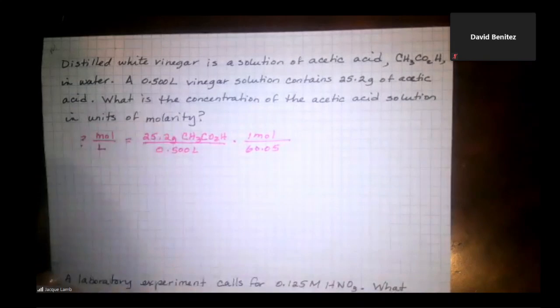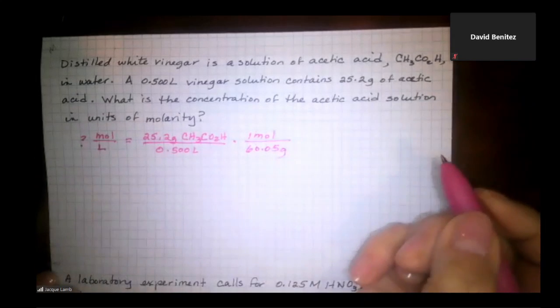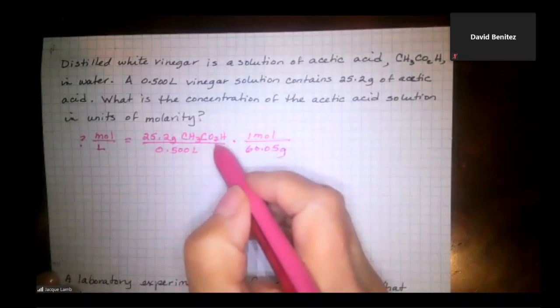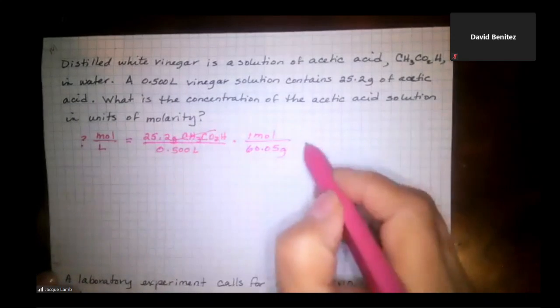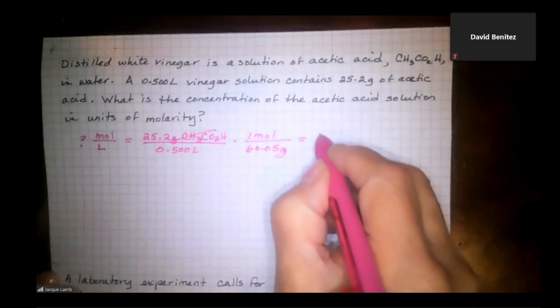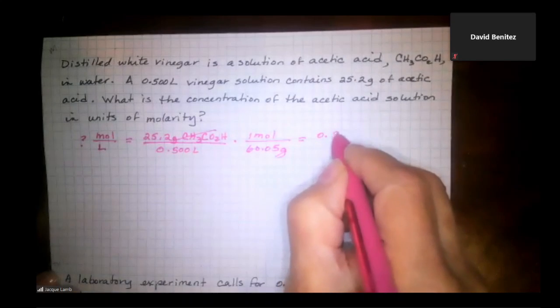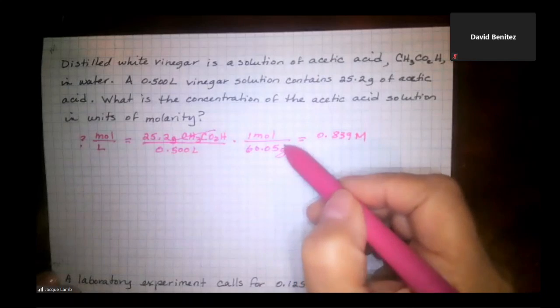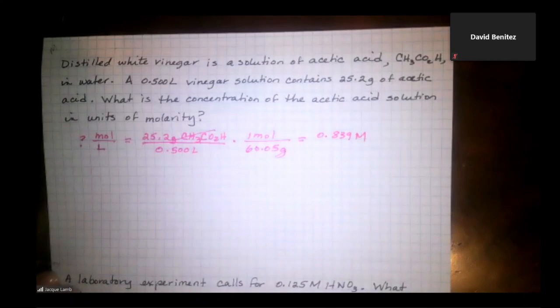Notice I'm not going to show you how to calculate the molar mass. You should know how to do that. So grams cancels, and I end up with 0.839 molar, or moles per liter. So that's basically how to do a simple calculation of concentration.